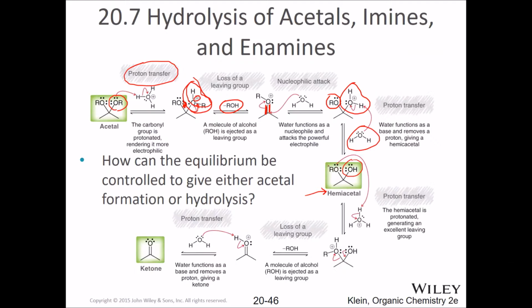And you know what's going to happen next? We got to get rid of this guy. So in order to get rid of it, we make it a good leaving group. What's the good leaving group? Well, it's an alcohol, right? So this lone pair of electrons comes down, gets a proton from an acid, from a hydronium ion, which is close by. I mean, close by when it gets it, right? Becomes an alcohol molecule. These guys come down. Look at this step right here.